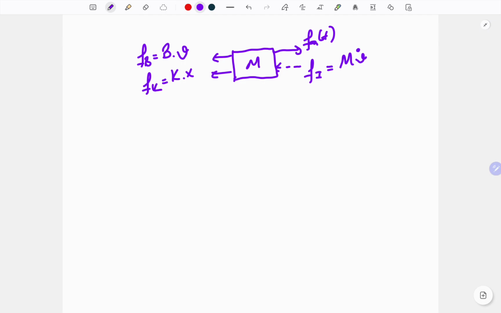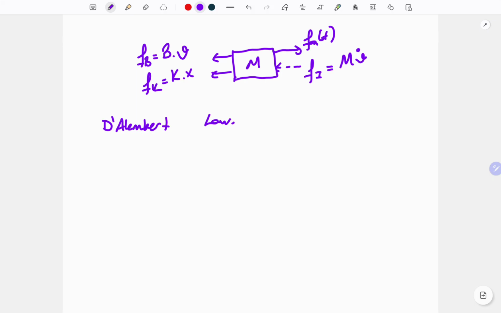Then to obtain the mathematical model of the equivalent circuit, the system, for the mechanical systems, we can apply the D'Alembert law, which is a special version of Newton's second law, and it explains that all the forces on a mass must sum to 0. So if we add all the arrows on the free body diagram according to their directions, our total force must be equal to 0.